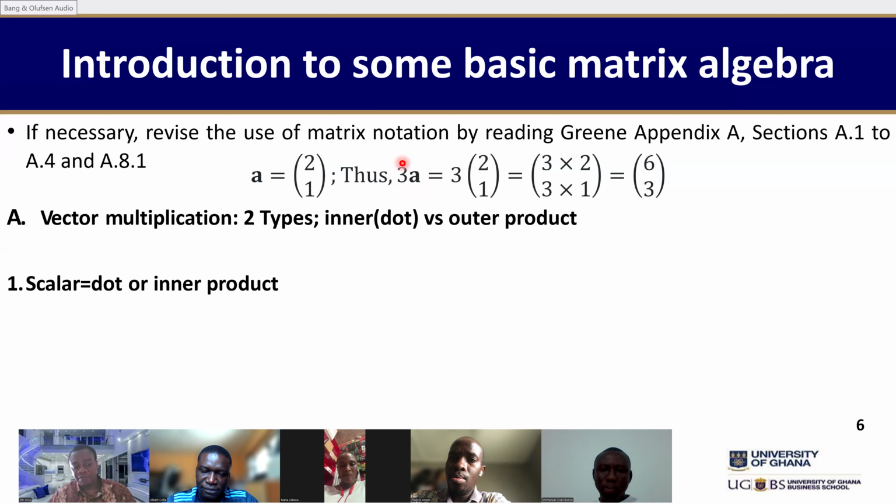Do you see my cursor moving? 3A. 3 is a scalar. A is a vector. Good. So now my question is, what does the scalar do to the vector?